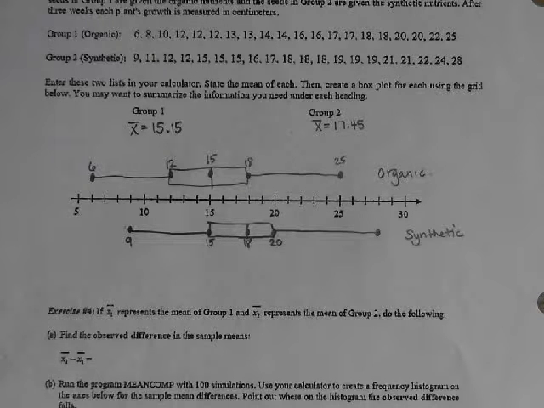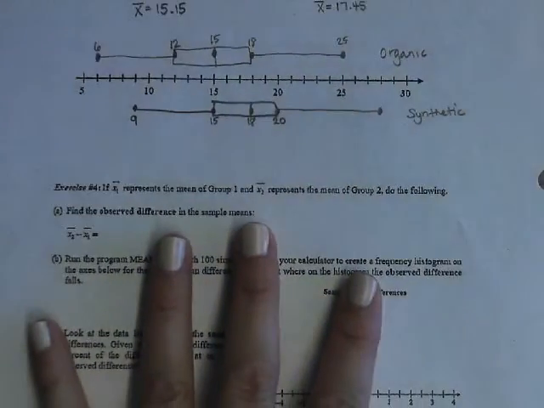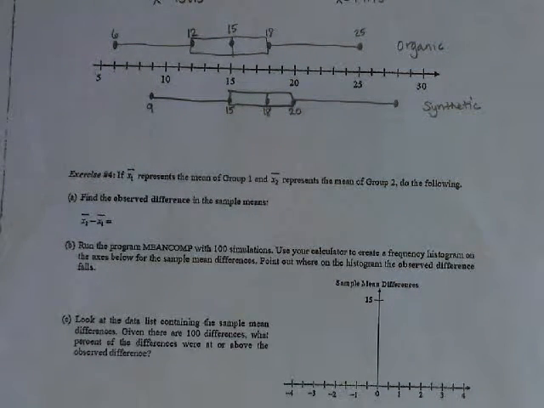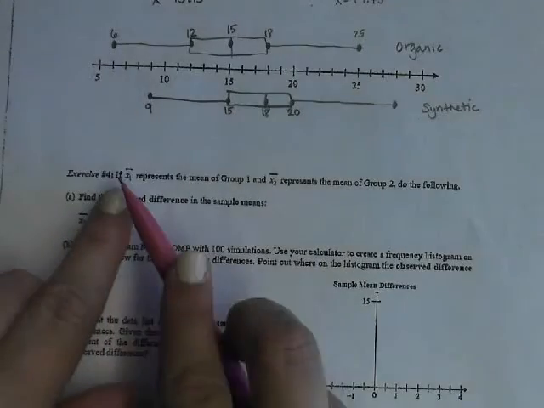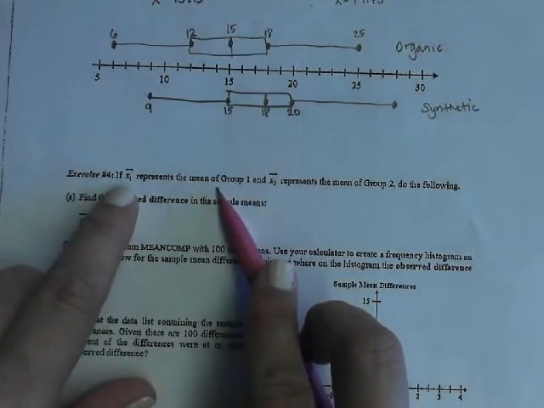So that's, generally speaking, something that you should have already known how to do. And so we're comparing the two groups here. But then we're going to take it to the next level into this simulation. So in exercise 4, we have the average of the first group and the average of the second group given, and we know what those are.